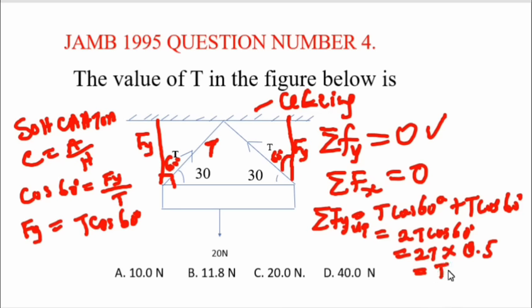So the sum of the upward vertical component of the force should equal the downward vertical component of the force. So we now have that T equals 20 Newton, since the downward vertical component of the force is 20.